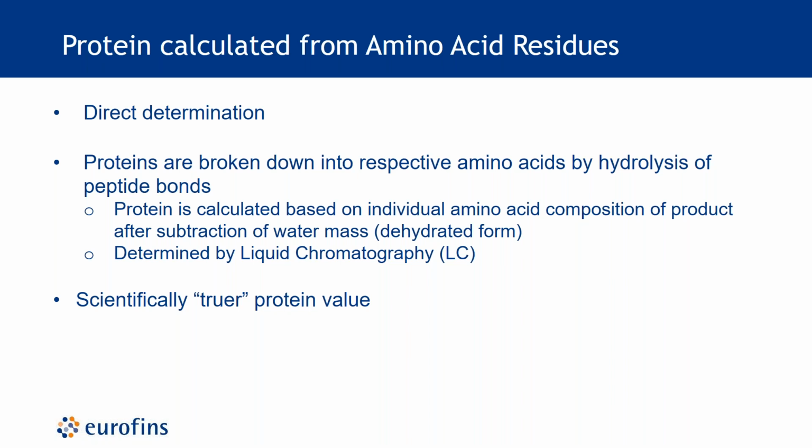The advantage to this approach is that it doesn't require any knowledge of the non-protein nitrogen content of the food or your relative proportions of specific amino acids, because you're basically removing those problems that you have with the nitrogen method. So it's catered to the specific product we are testing based on that amino acid composition.